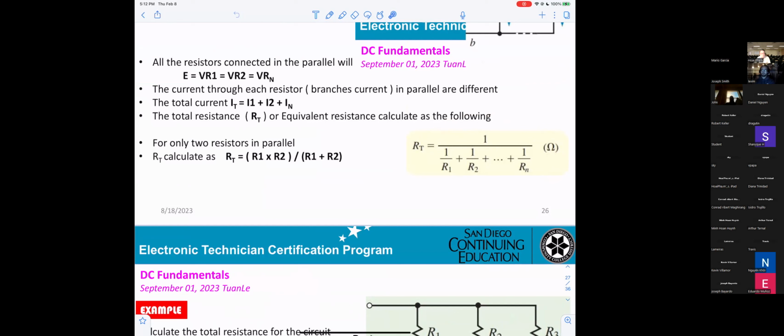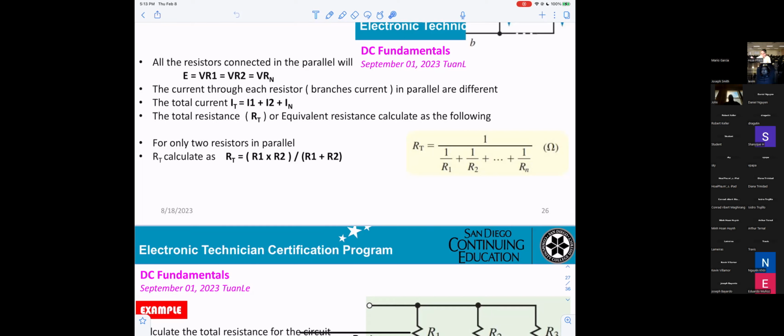Just a minute. R total equals 1 over... That means if you have R1, R2, R3 in parallel, then you have to combine them into one resistor. R total will be equal to 1 over R1 plus 1 over R2 plus 1 over Rn, no matter how many more you have in parallel.